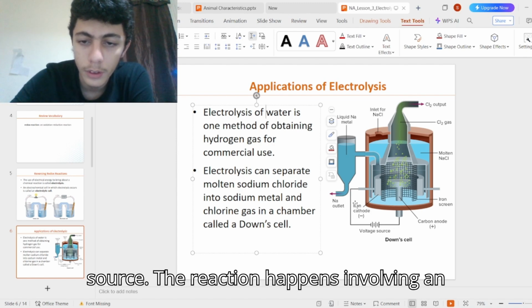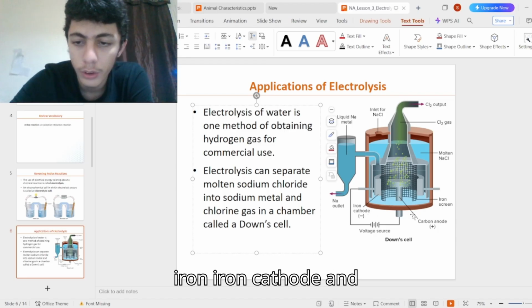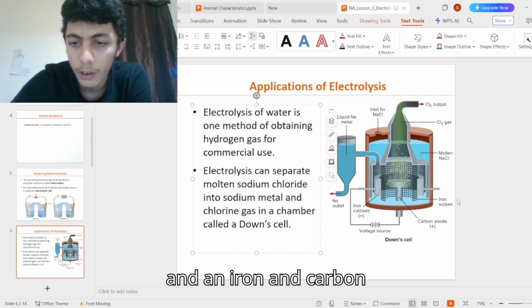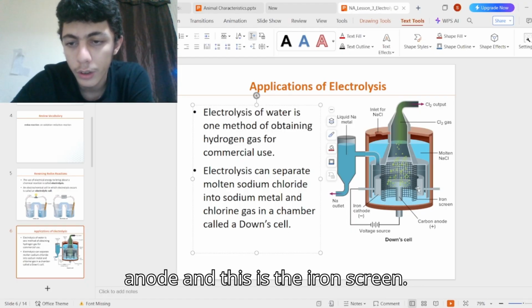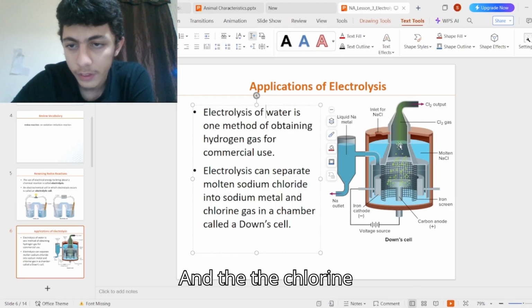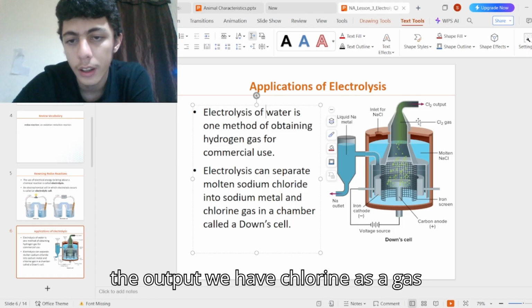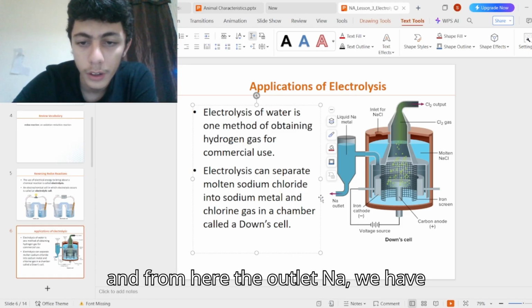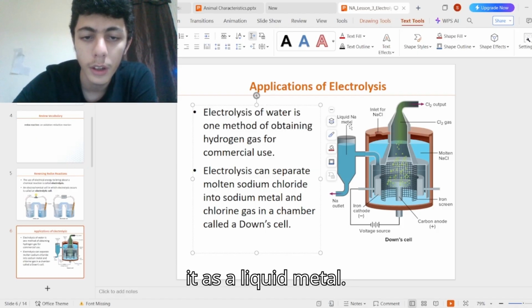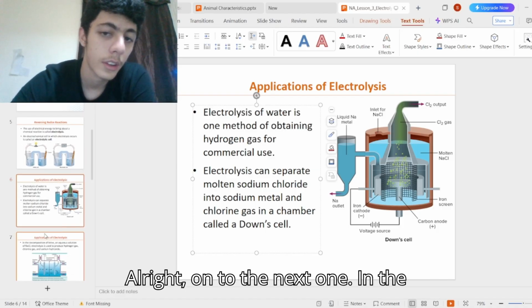The reaction happens involving an iron cathode and a carbon anode, and this is the iron screen. Now through the output we have chlorine as a gas, and from the outlet, the Na we have as a liquid metal. Alright, on to the next one.